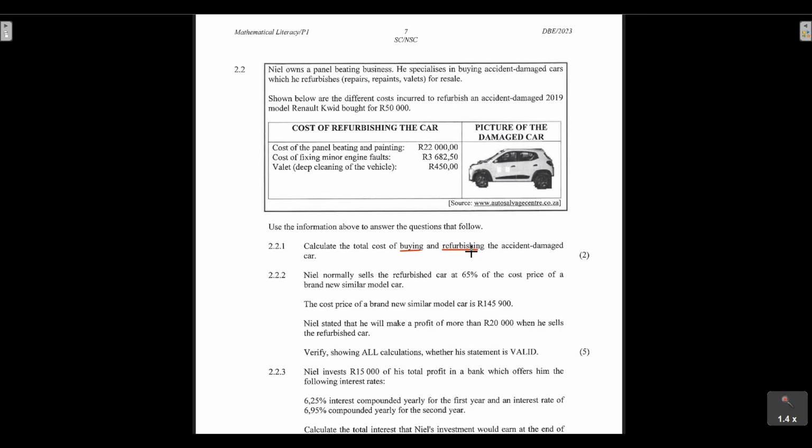We already know that when he buys this accident damaged car, he buys it for 50k. That's one thing. The cost of refurbishing the car is then the 22,000 plus 3,682 rand and 50 cents plus the 450. Let's just set that up.